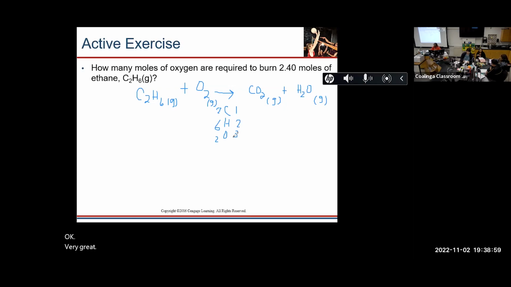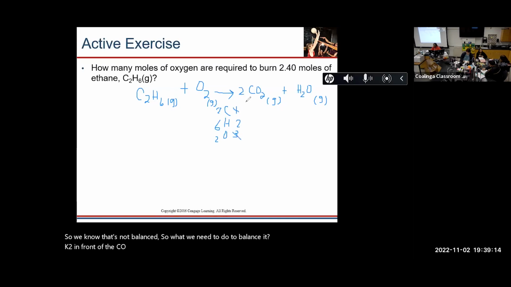Okay, so we know that's not balanced, so what do we need to do to balance it? Okay, 2 in front of the CO2.